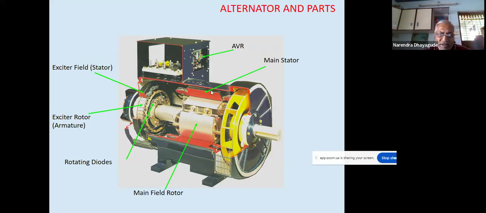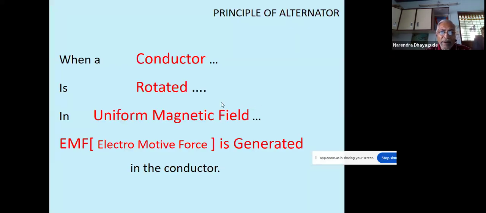This is the main stator. There is an automatic voltage regulator which controls the exciter field voltage. It controls the excitation, that is, the magnetic flux generated by the rotor is controlled by the automatic voltage regulator. There are rotating diodes, and this is the main field rotor. These are the general parts of the alternator.